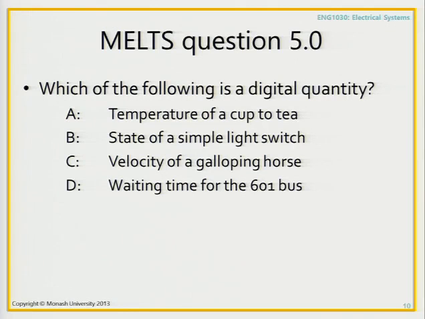If the range of values is discrete, then it's a digital quantity. So firstly, does everyone know what discrete means? Discrete means an integer number of values that it could be. Okay.